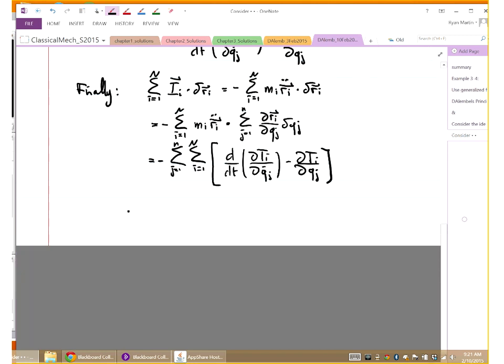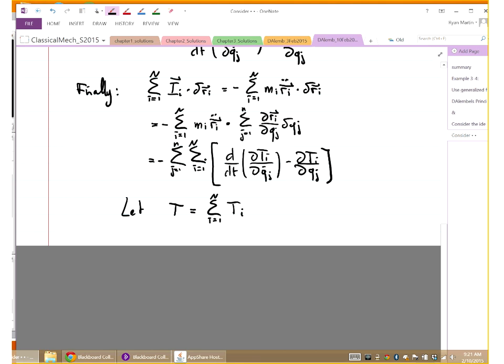But maybe I changed my mind. So maybe now I want to bring... So here I brought out the sum with the j out in front of the mi ri double dot. But maybe I actually want to bring the sum over i inside of my derivatives. So let me define T to be the sum from i equals 1 to n of Ti.